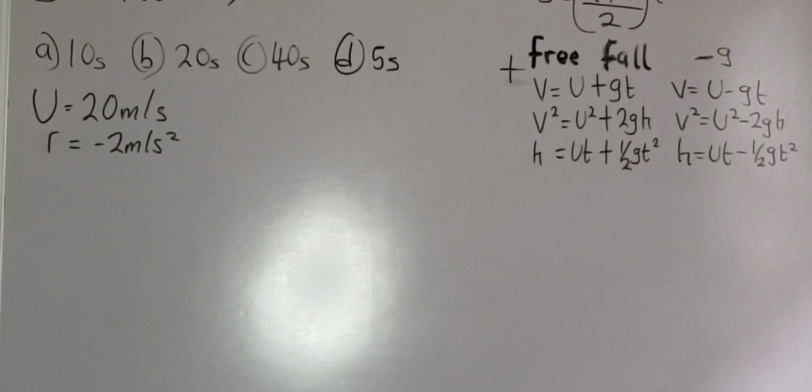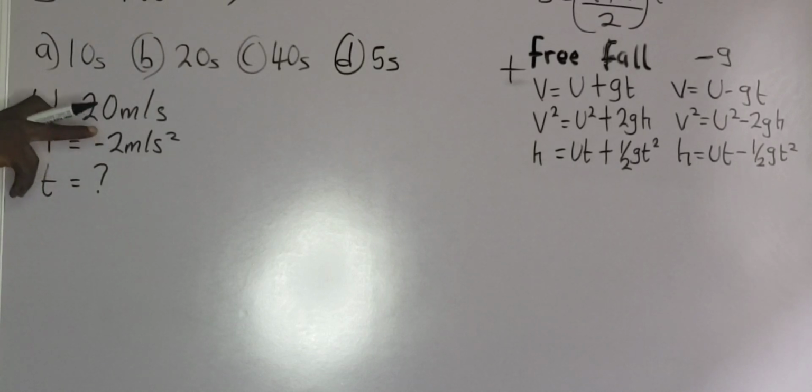We are told to calculate T, the time taken. The time that the train will come to a complete halt. That is the time taken for the train to come to rest. You understand? So let me ask you another question. Don't forget that the train is in motion before. That is why we have the initial velocity as what? 20 meters per second.